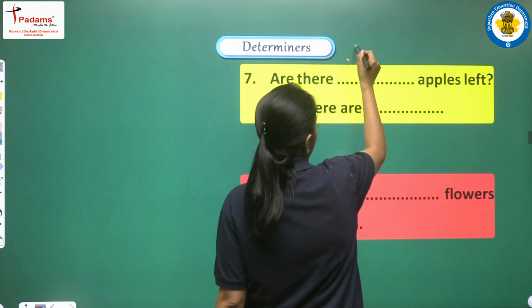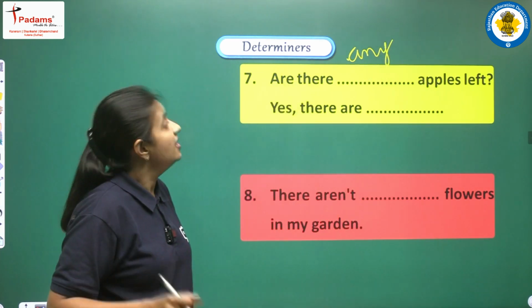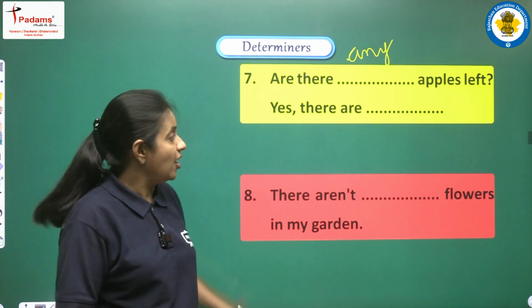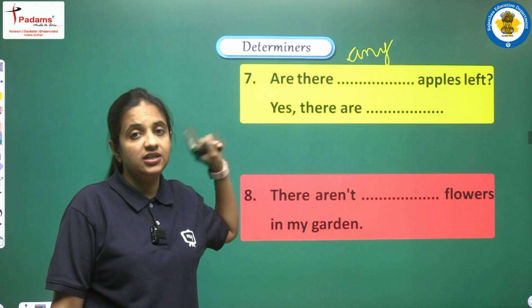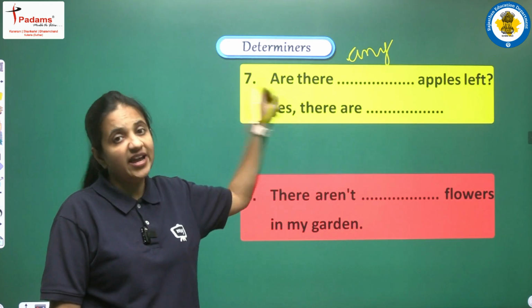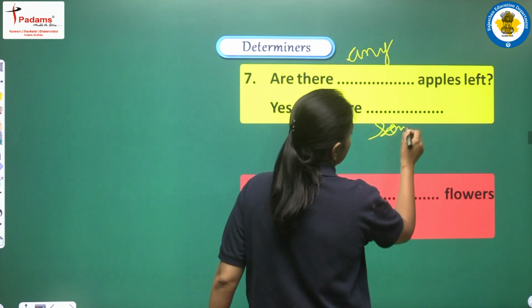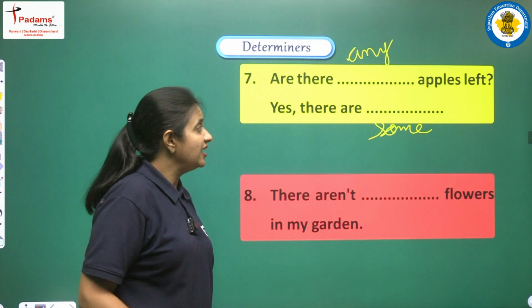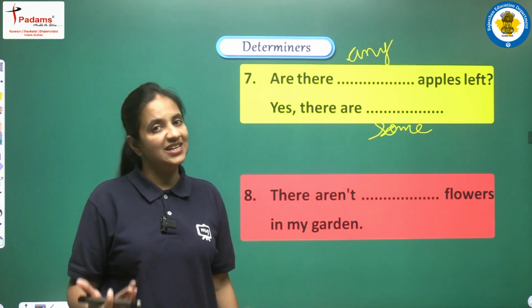So in first blank, we have to write any, and this complete sentence will be, are there any apples left? Right. Now coming to the second part, that is, yes, there are. So this is the affirmative sentence, right? So we are saying that yes, there are some. So now our answer will be some. So the complete sentence will be, are there any apples left? Yes, there are some.